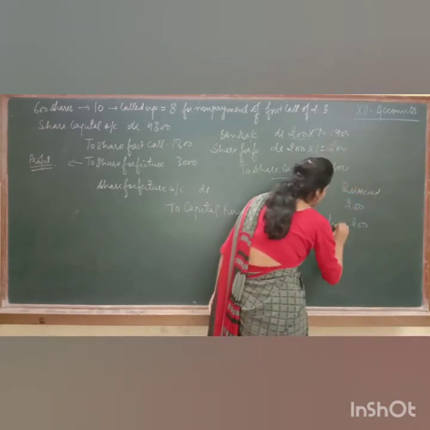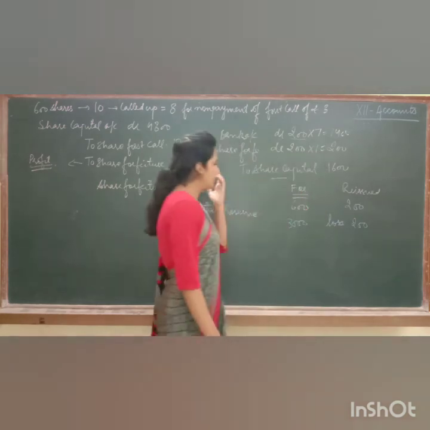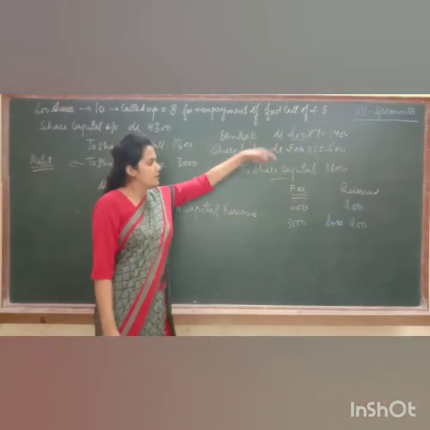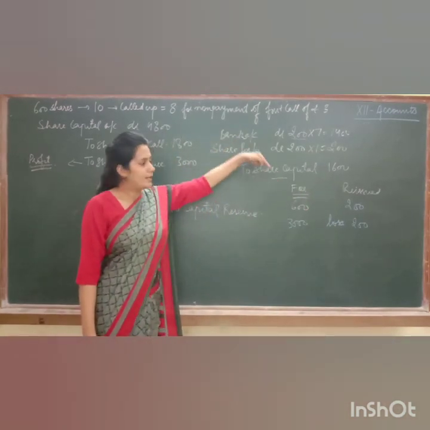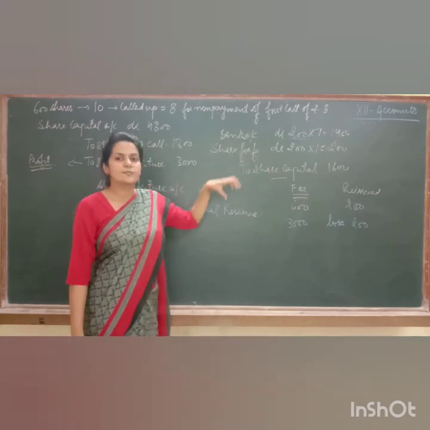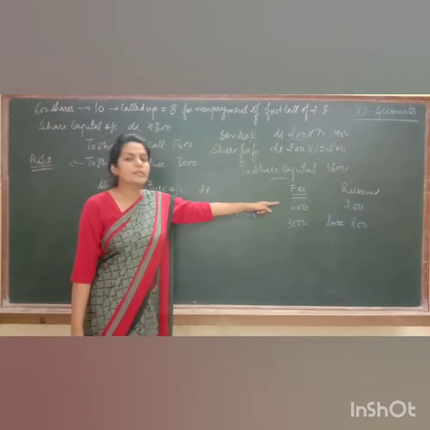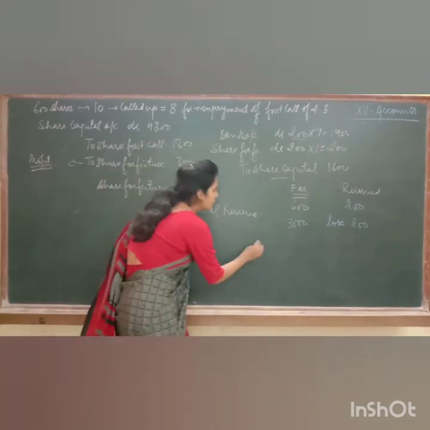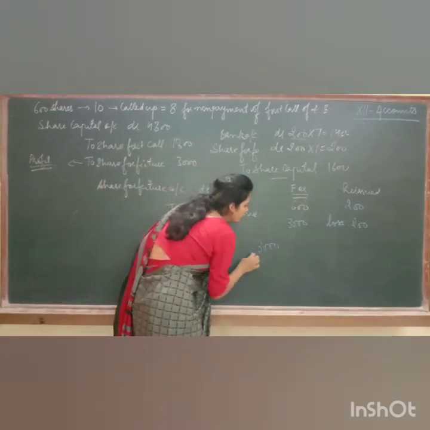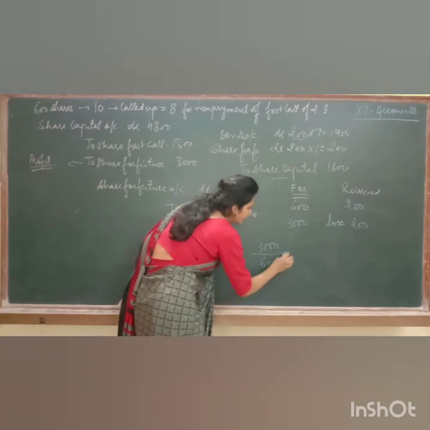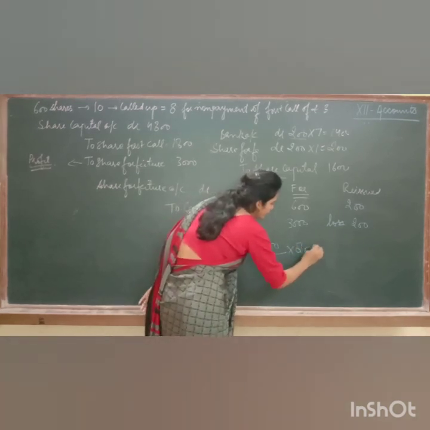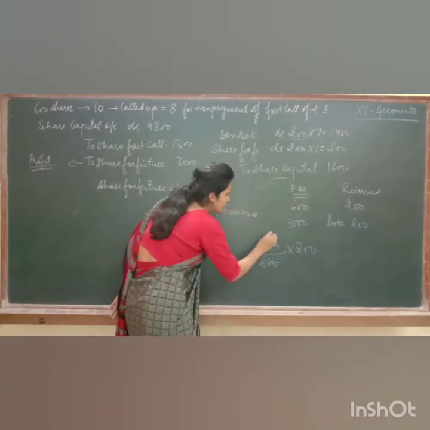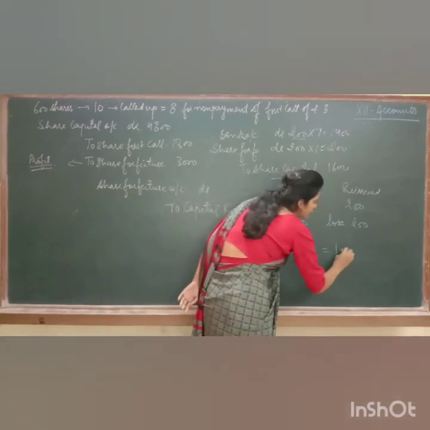This is the loss. Now as I told you, for as many shares as you reissue, first you see how much profit you will have on that many shares. You have not reissued the whole 600, rather you have reissued only 200. So if 3000 is the profit on forfeiture of 600 shares, then profit on forfeiture of 200 shares is 1000 rupees.